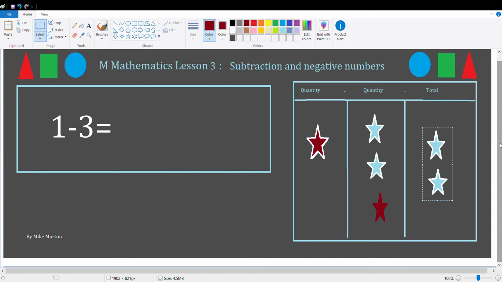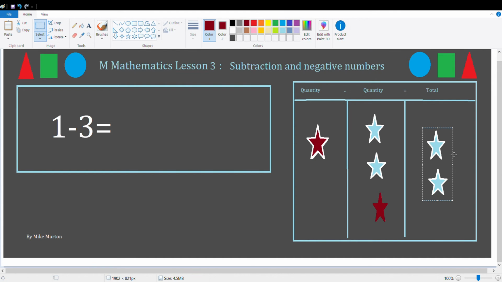So what do those blue stars mean? Well, those are the 2 stars that I just took from this total, because that star's not there anymore. It's not the same kind of transaction that I had with addition. Now I had to invent something new, and that's a negative number.